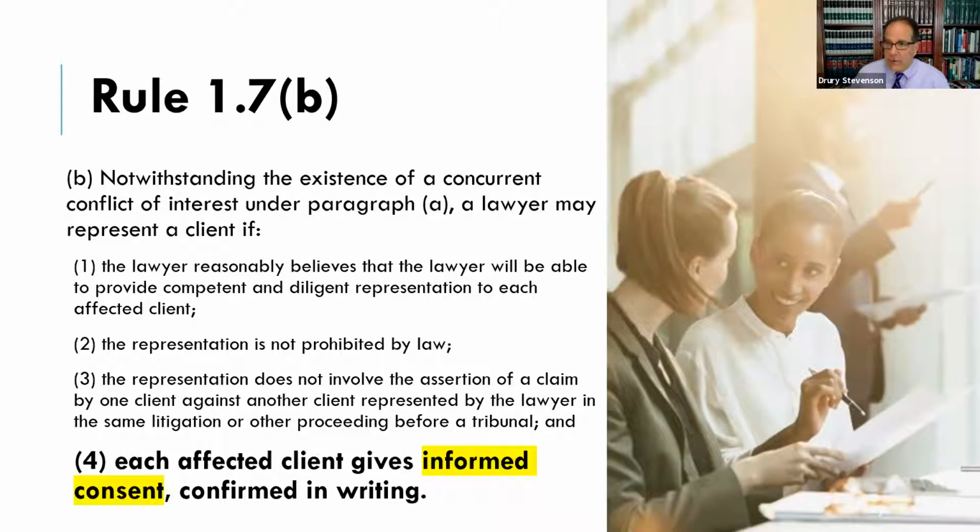There's not some other law prohibiting the representation, like some states don't allow joint representation in death penalty cases for death penalty defendants. You're not trying to be the plaintiff's lawyer and the defense lawyer in the same court case or trial. And then 4, each client affected by this conflict gives informed consent confirmed in writing.